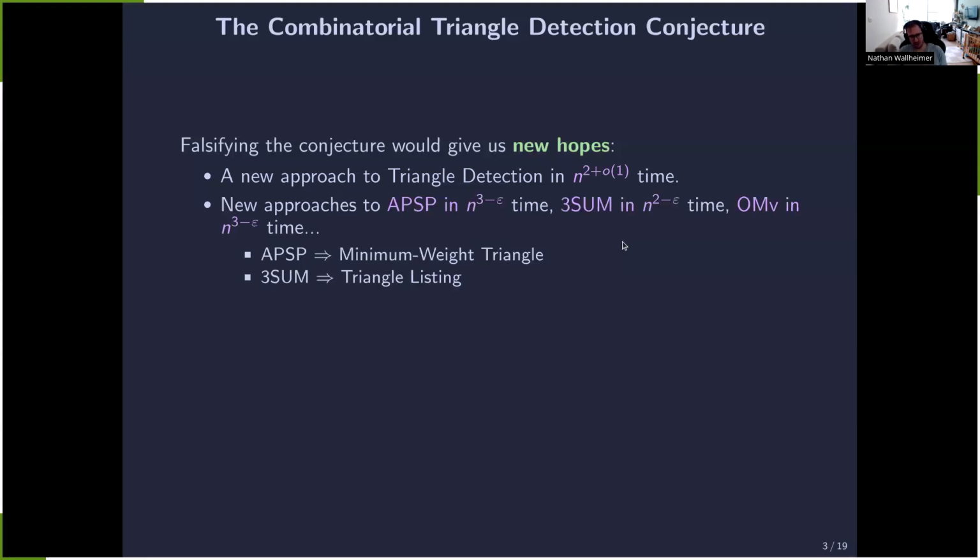It will also give us hopes to solve other problems in much faster time than the current state. For example, all pairs shortest path is a problem that we don't know how to solve in strongly subcubic time, but it is reducible to a variant of triangle detection called the minimum weight triangle, where the edges of the graph are weighted, and we have to find the triangle of minimum total weight. 3SUM is also a problem which is reducible to triangle listing, where given a parameter t, we have to list t triangles.